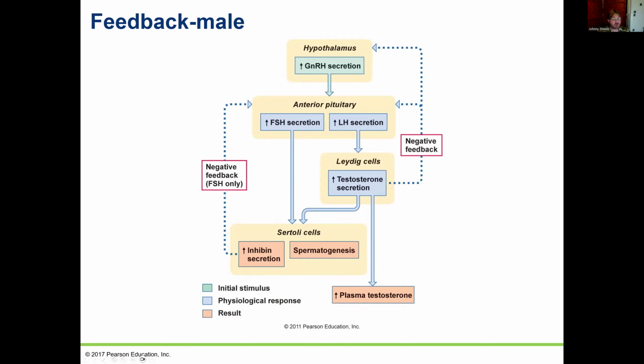So both of these are negative feedback loops. Inhibin is going to focus specifically on FSH. It does not have any bearing on testosterone levels. Testosterone, however, is going to have bearing on both FSH and luteinizing hormone.